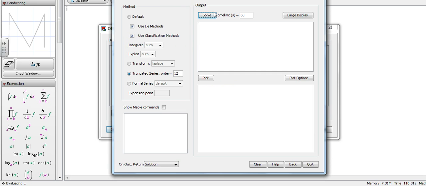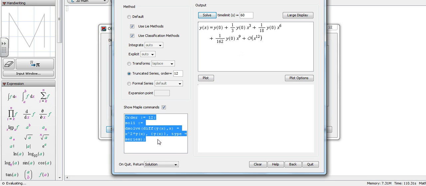And wait for Maple to do what it's supposed to be doing. Have it show the Maple commands. There we go. And now we have 1 over 162, 1 over 18, 1 over 3, exactly what we had.